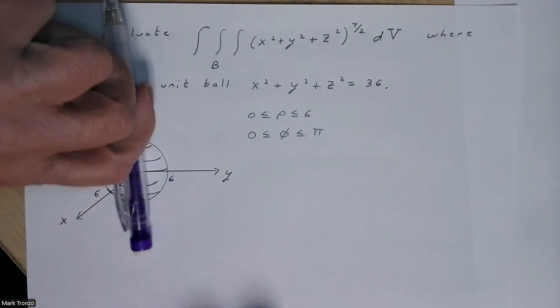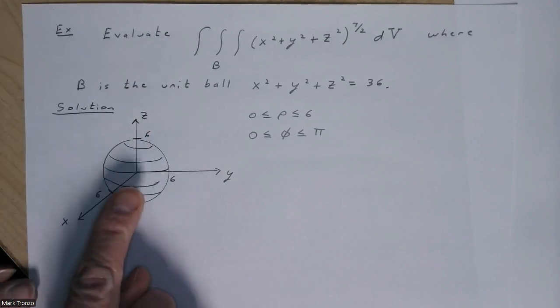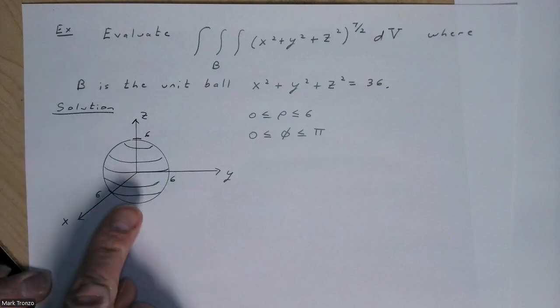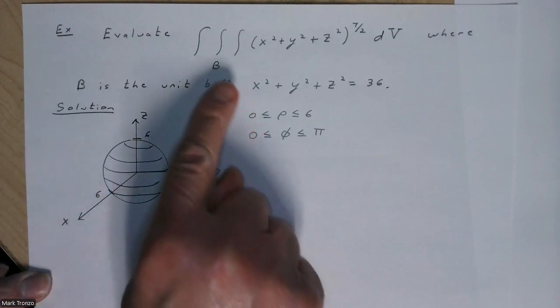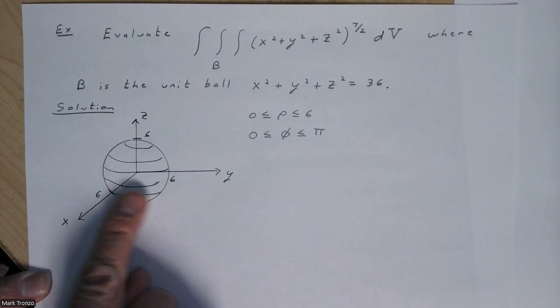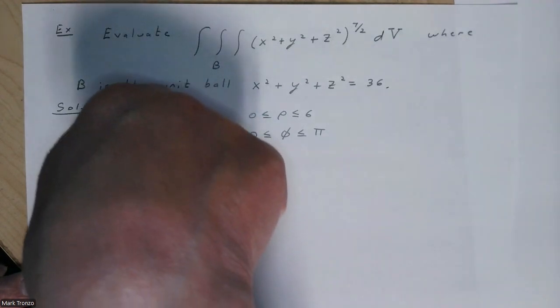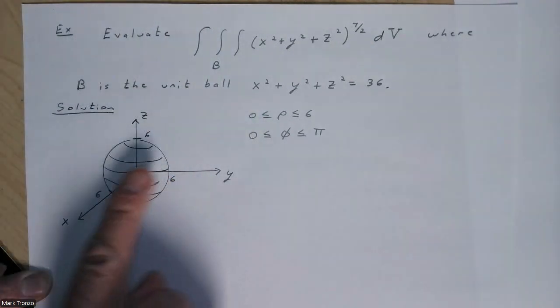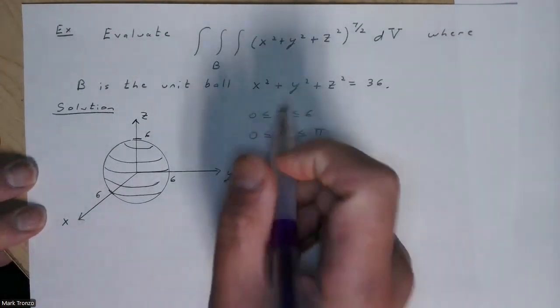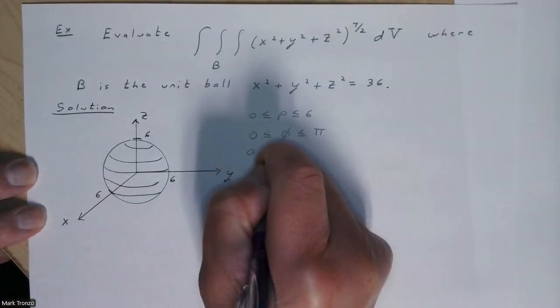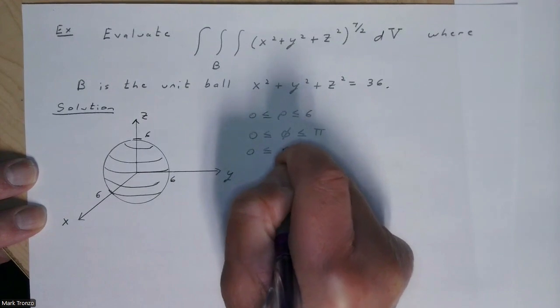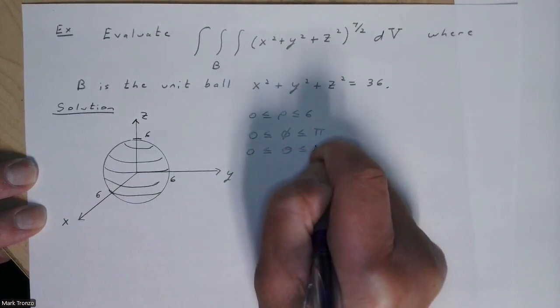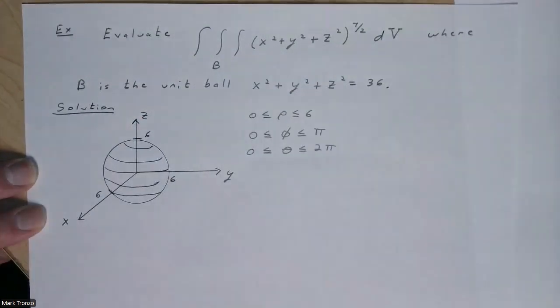So to generate that semicircle, we get that. Then to generate the whole ball, we can make theta go from 0 to 2 pi. That'll cause this semicircle to repeat itself all around the axis, like this.